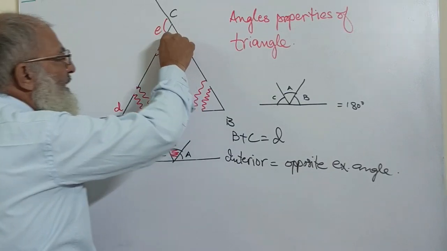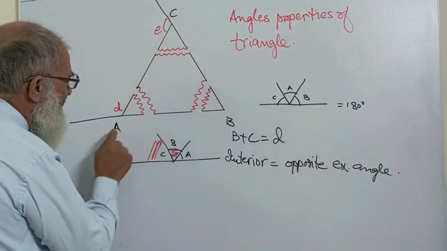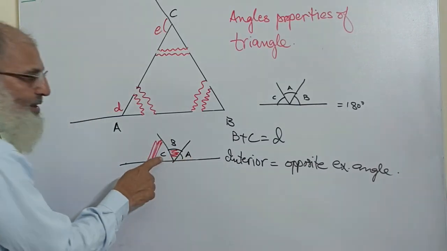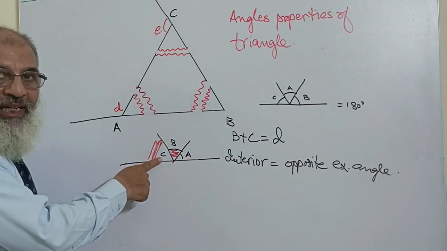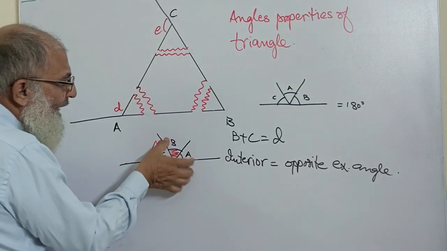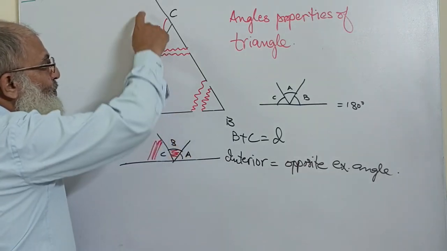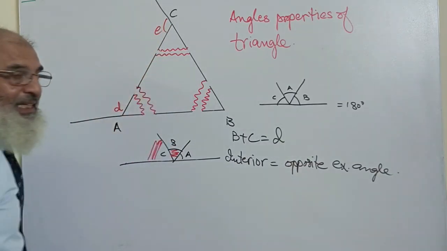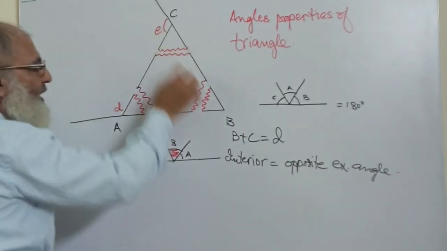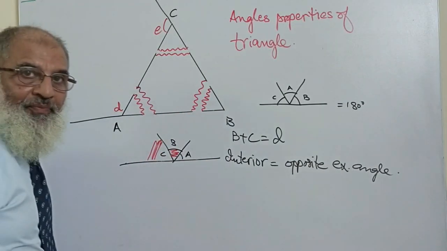And if I exclude this angle, I take this angle B and A, that means only which angle is left? C. So that means A and B should be equal to this E angle to make it 180 degrees.